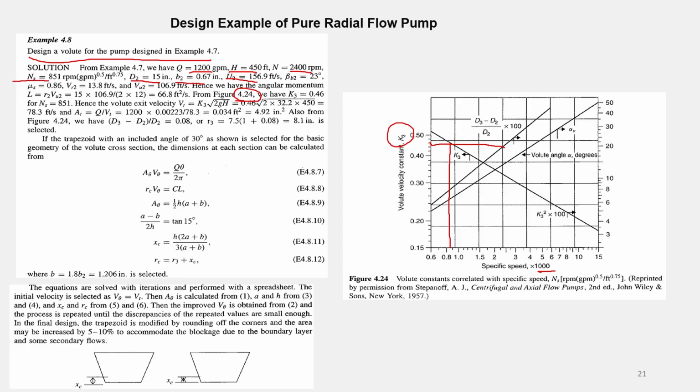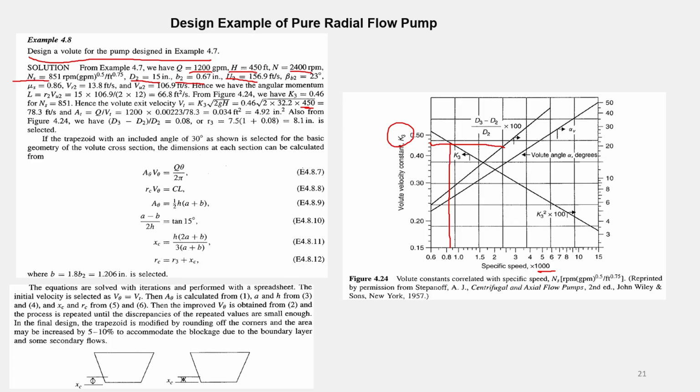So for the volute, we have calculated K3, and from the head we can calculate how much the velocity would be at the exit of the volute, and then the area of the flow at the exit of the volute is this much. Also from this figure we have d3 minus d2 over d2 is this much.